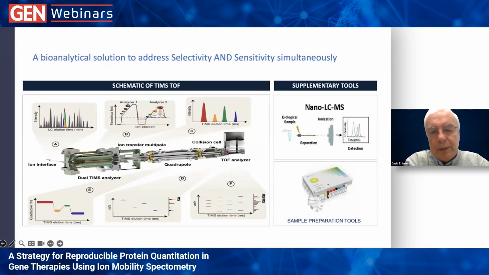Up until now, all the mass specs have relied on electromagnetic fields, right? So you're really dealing with the ionization capability. But an ion mobility instrument adds another parameter, which is the shape of a molecule, or the average shape of it.